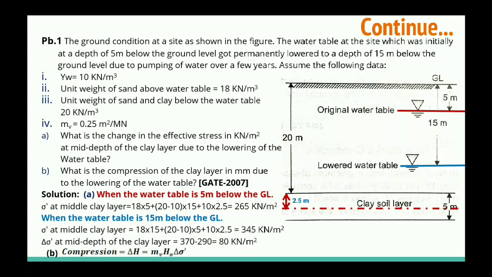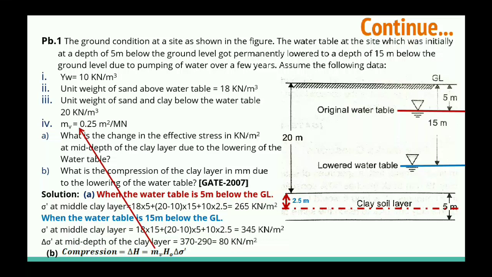Delta h is the settlement, mv is the coefficient of volume change, h naught is the initial height of the clay layer, since in this question we are calculating the settlement of the clay layer. So we will take the initial height of the clay layer. Delta sigma dash is the change in the effective stress. Now we have all these values, so directly we can calculate the settlement.